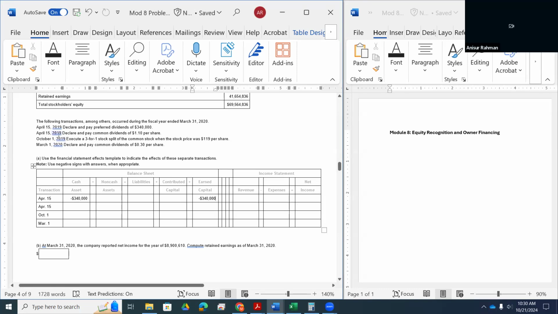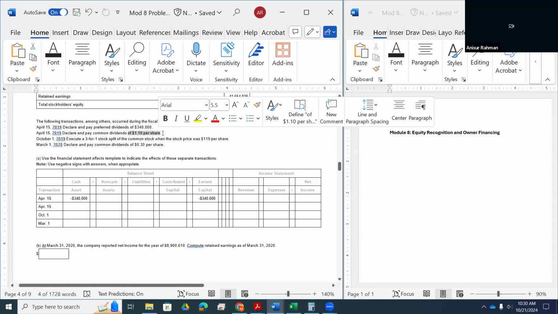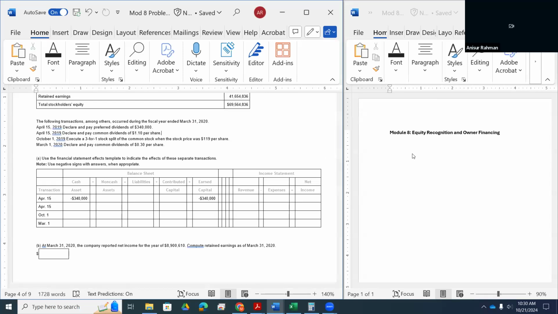The next transaction is April 15, 2019, declare and pay common dividends of $1.10 per share. Now it is giving us in terms of per share, so we have to find out the total dividends.